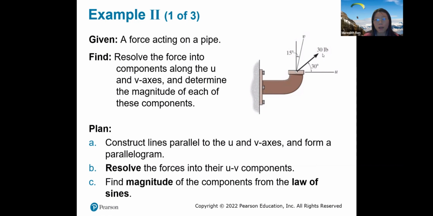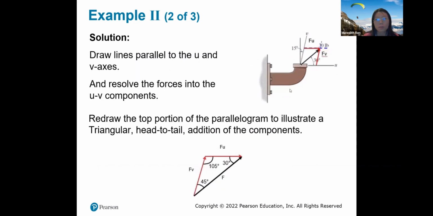Well, I have this 30-pound force, right? When I break that 30-pound force along the U axis and along the V axis, we are going to draw a parallelogram, okay? Start at the ending point of the resultant force, which is right here. We're going to draw a line that is parallel to V. V is right here.